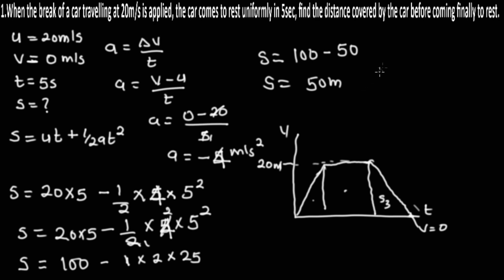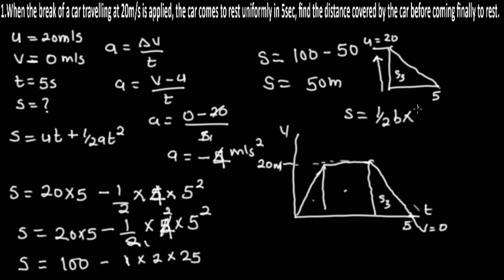Now we bring this out. This is how it is. We have v here to be 0, and this is the velocity time graph. The time it took to come to rest is 5 seconds. At this place, u is 20. This is u, traveling to this point. So we say that s is half base times height.